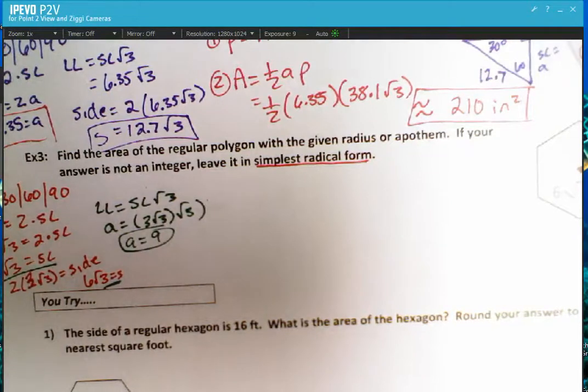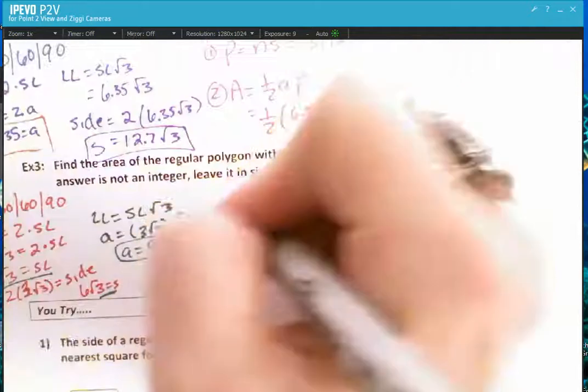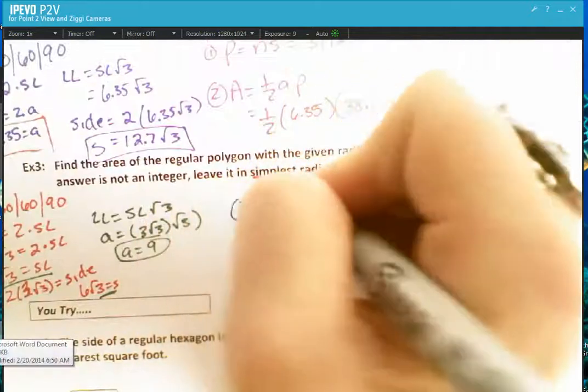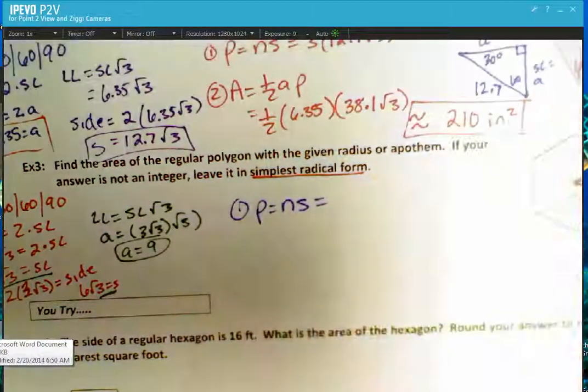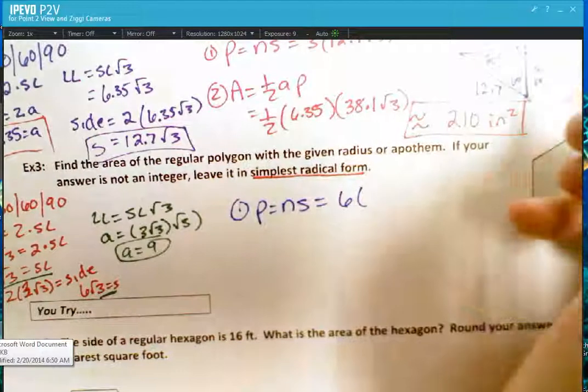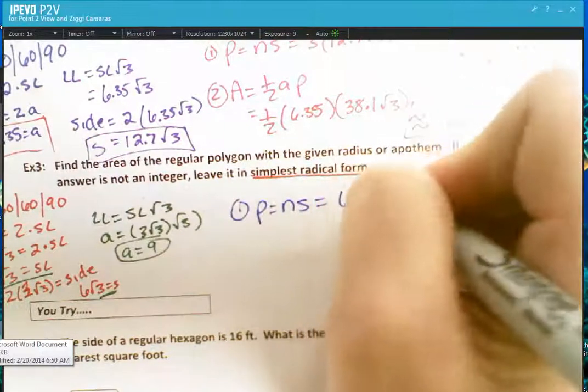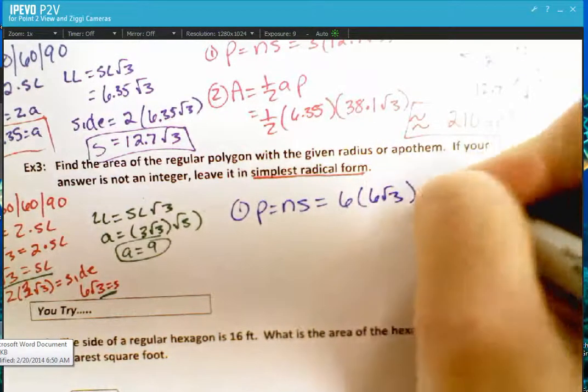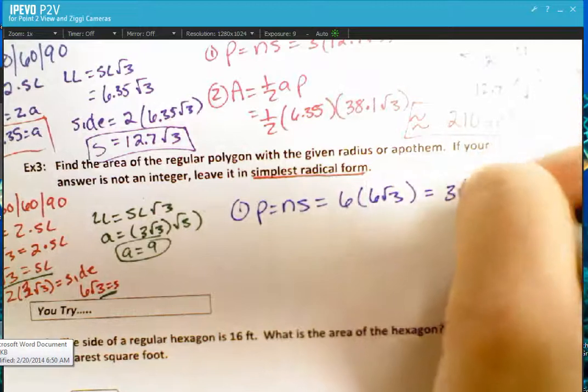So we go back to our 2 regular steps, and we go step 1, P equals N times S, which is equal to the number of sides, which is 6, times my side length, 6 rad 3. 6 times 6 is 36 rad 3.